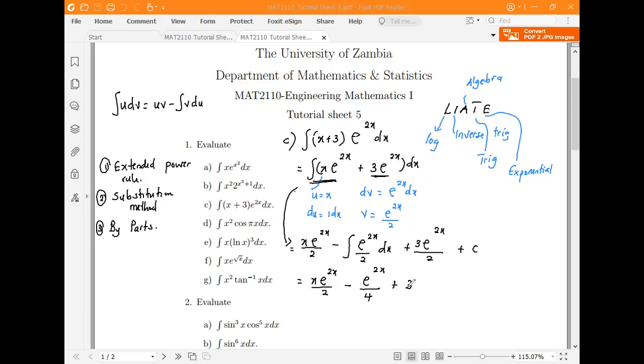And then plus 3 e^2x over 2 plus a C. The C does not change, because even if I have C plus C, I will get a C, because I don't know what that C is. As you find C1, C2 and then add them up, they give you a C. It's still the same thing. So that's how you do the integration.